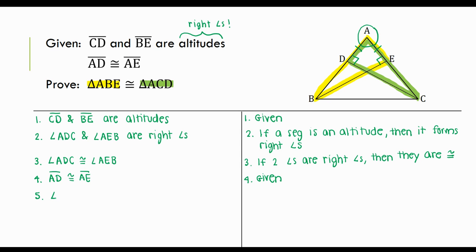So in step number 5, I'm going to say that angle A is congruent to angle A. Because there's only one angle, I only had to use one letter. If there were more than one angle A, we wouldn't be able to state this. But remember, something is congruent to itself because of the reflexive property.